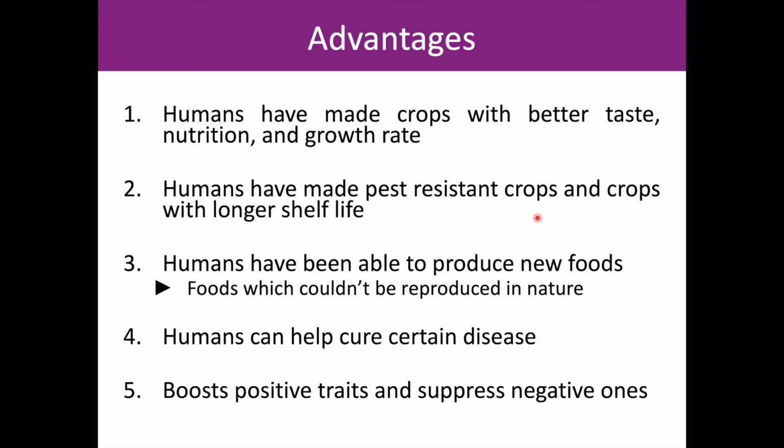Humans have been able to produce new foods which couldn't be reproduced in nature, and humans can help cure certain diseases like cancers. And right at this moment, the clinical trials for the HIV cure are ongoing. So that's another breakthrough caused by genetic engineering. And of course, it boosts positive traits and suppresses negative ones.